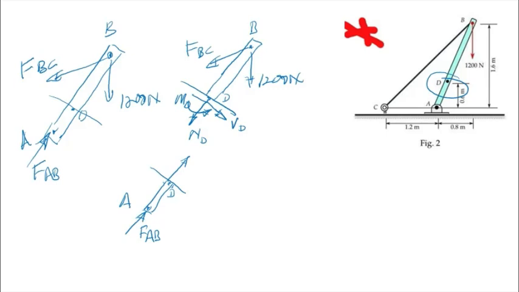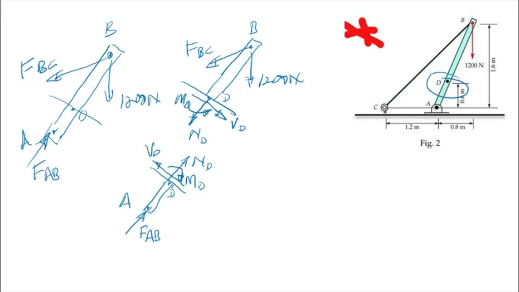This is ND to the upper right. And the shear VD here is downwards, so here is upwards VD. And the moment here is counterclockwise, so here we have a moment which is clockwise, MD. So you can use either of the two diagrams to solve for the internal forces at point D.